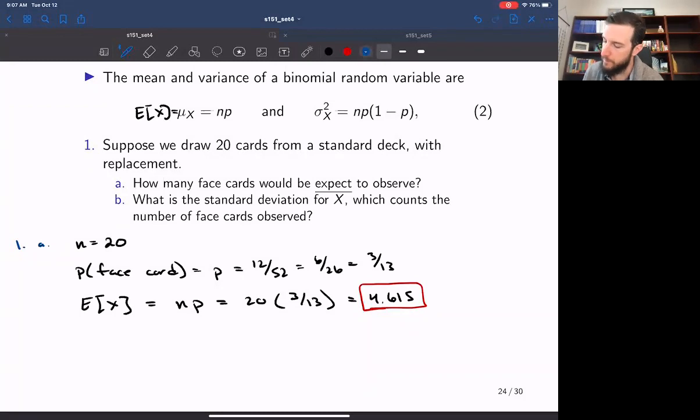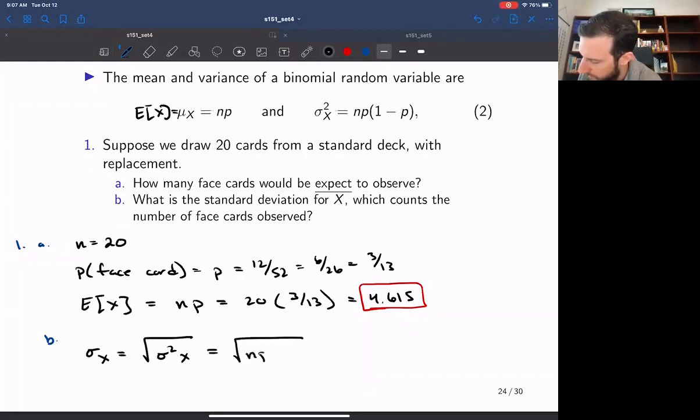In part B, it says, what is the standard deviation of X, which counts the number of face cards observed? The standard deviation of X is equal to the square root of the variance of X, which is equal to the square root of n times p times 1 minus p.